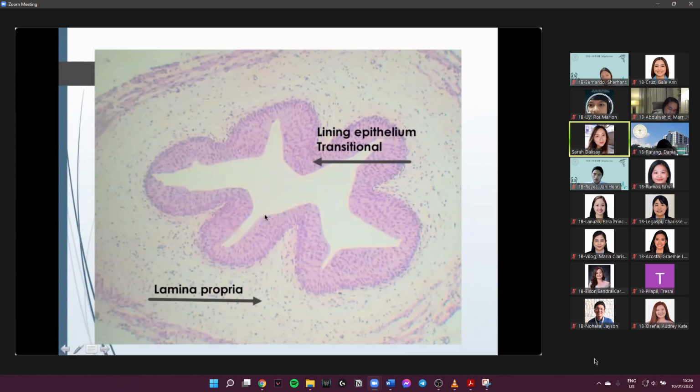Outermost, or actually, hindi pala outer, innermost, no? Kasi sa most superficial part of the lining, you'll see this. No? And then again, here again, we see your lamina propria and so forth. Okay? So wala na masyadong distinction tayong makikita.